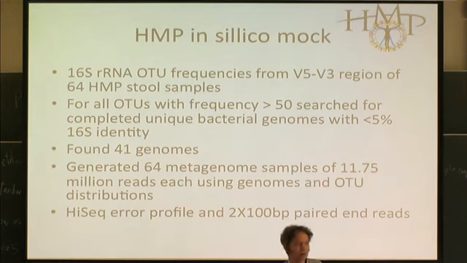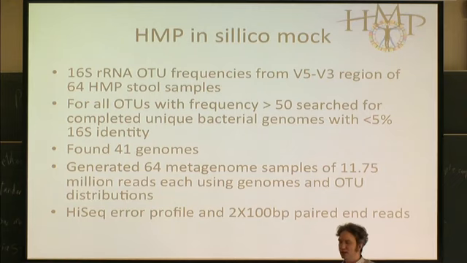And we could only do that for 41 of the OTUs. But now we've got a known genome and we've got a realistic frequency across samples. So using that, we generated 64 artificial metagenome samples by sampling from the species according to their relative frequency as determined by the OTUs, and then sampling the reads randomly within the known genome.